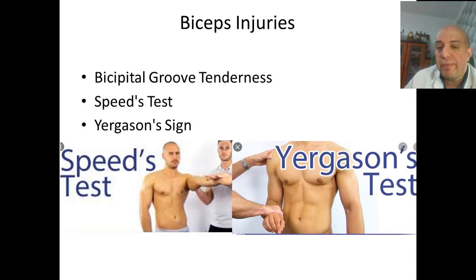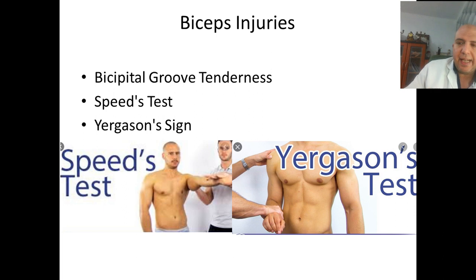Bicipital tendon, as I informed you, speed and Yergason, and the tenderness here. Speed test is only forward elevation like this, and feeling if he has pain proximally. The Yergason test, you are shaking his hand and resisting.